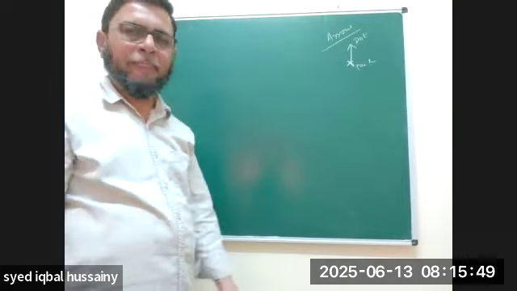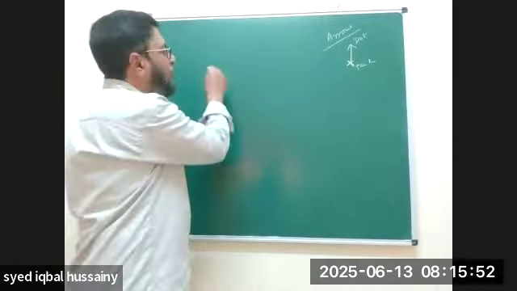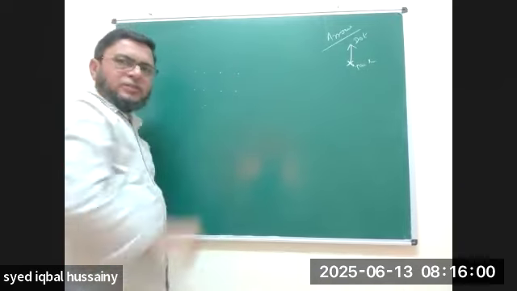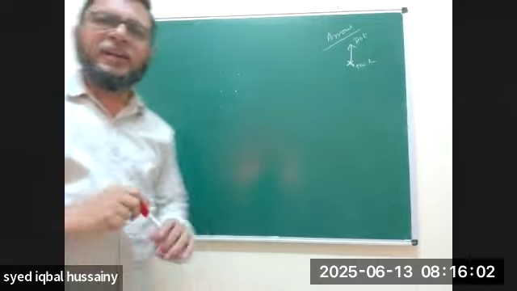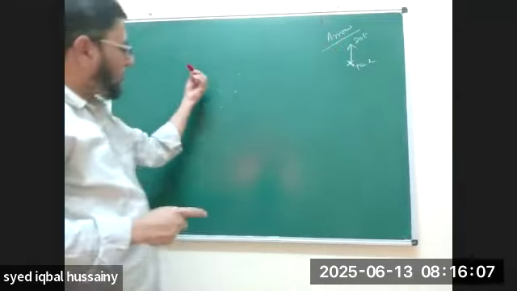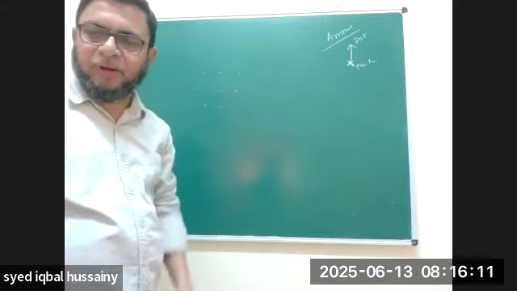In the entire physics book, we'll be using this concept. Wherever you see a dot, you should understand very clearly that this is the tip. So when you see the dot, it means magnetic field lines are coming out of the paper.